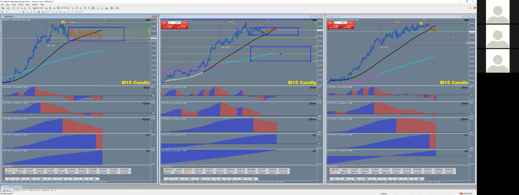All right, come on, baby. As soon as it breaks this low, then I'm gonna tie that up. We have pound yen almost in sync also.